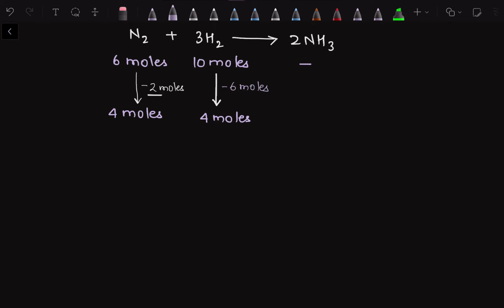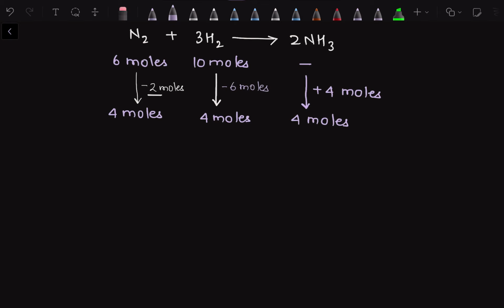And in the same manner, since 2 moles of nitrogen have been consumed, 4 moles of ammonia have been produced in the reactor. So the amount of ammonia will be 4 moles after this much reaction.